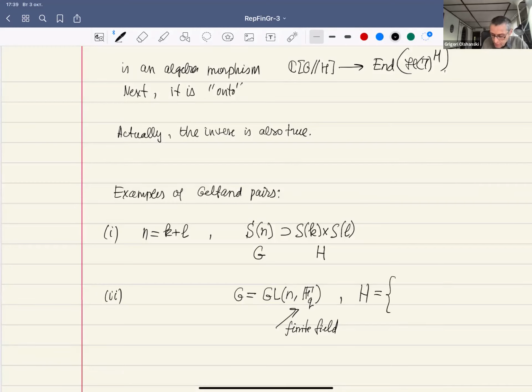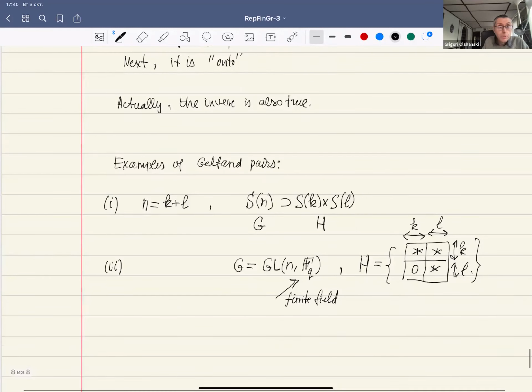This is the subgroup of matrices of such type. Everything, everything, everything, and 0. And this is of size k, and this is of size n. Block matrices of this specific form, and this is also a Gelfand pair.